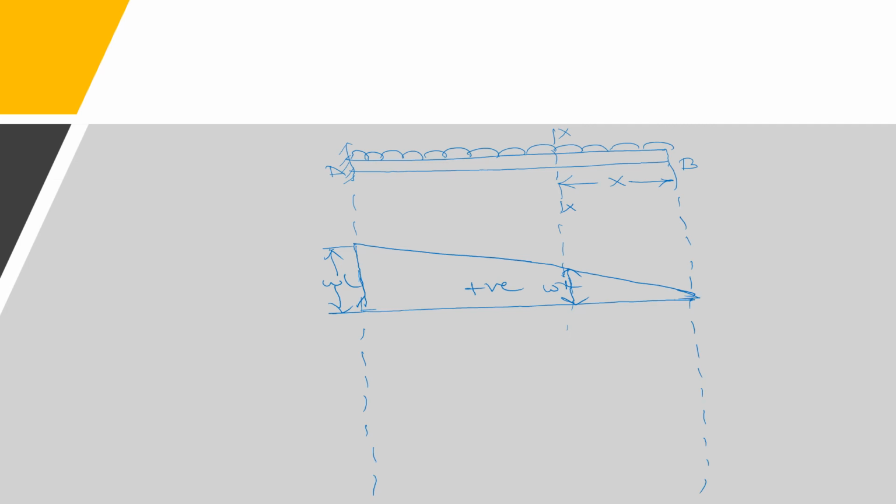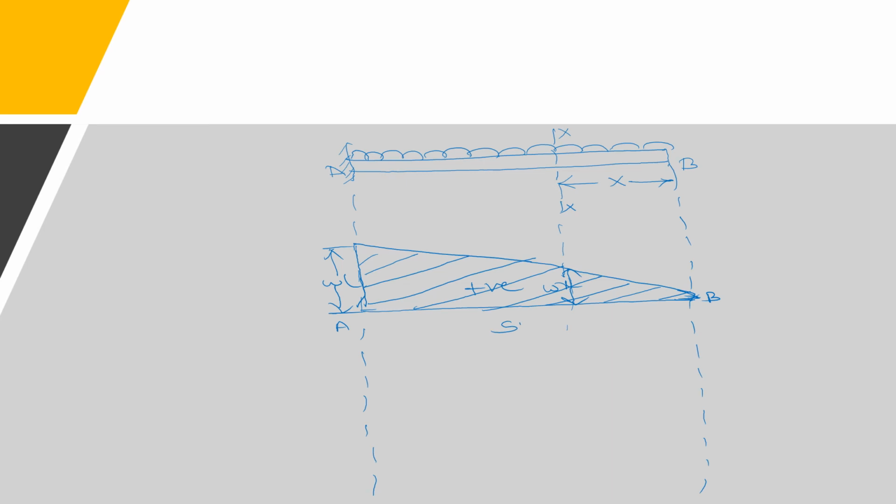At B point the shear force is 0. At A point the shear force is W into L. At X section W into X. This total shear force is positive shear force. So draw it above the baseline.